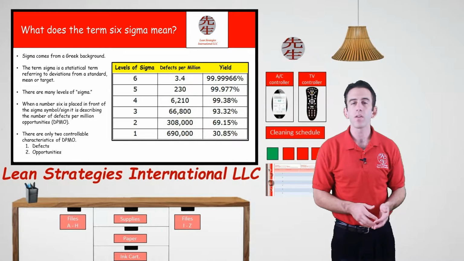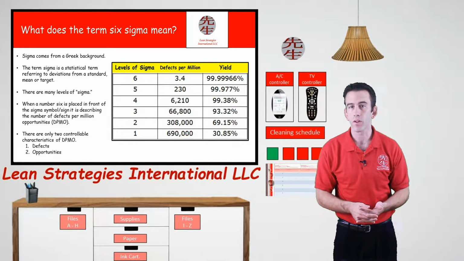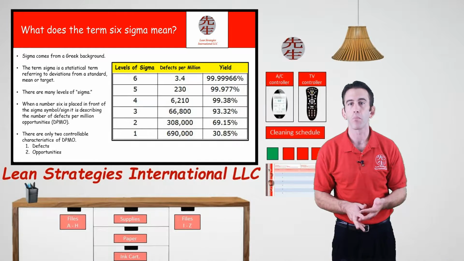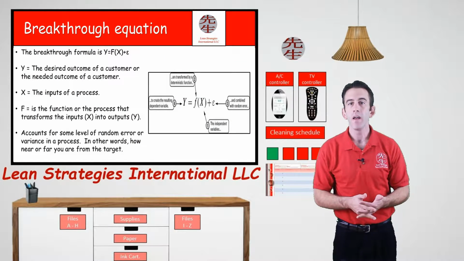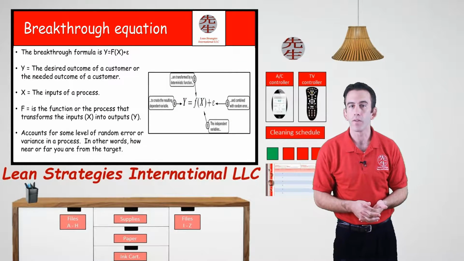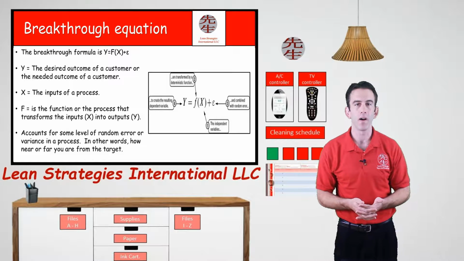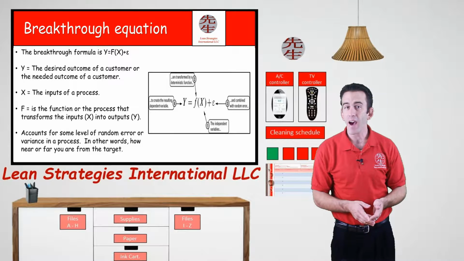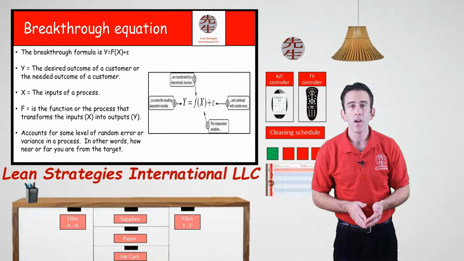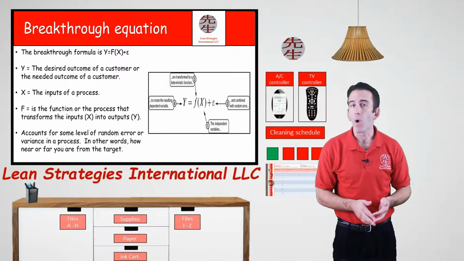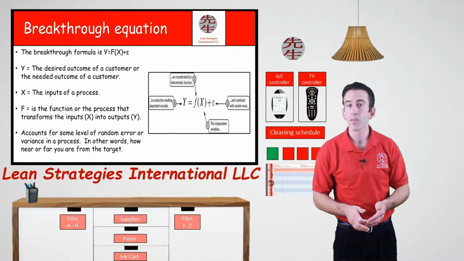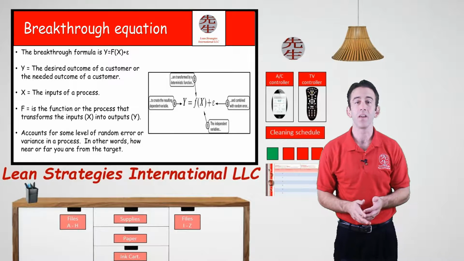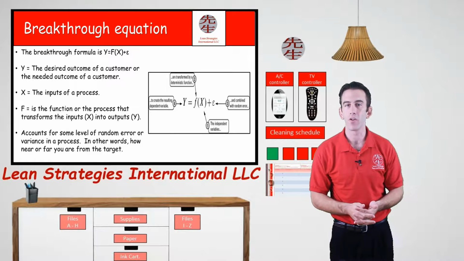Almost every statistical analysis in Six Sigma is based off of a breakthrough equation that is often referred to as the breakthrough formula. That formula is y equals f of x, or more accurately, y equals f(x) plus epsilon, in order to account for variation.